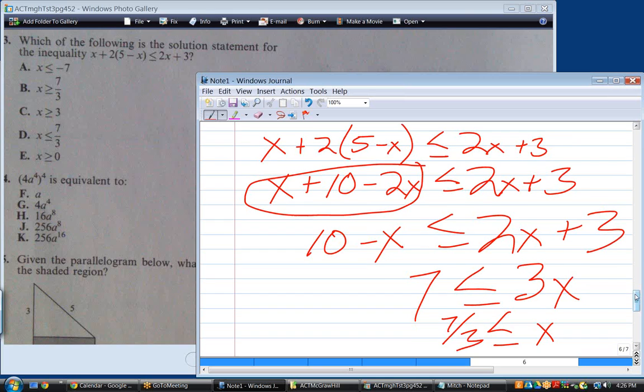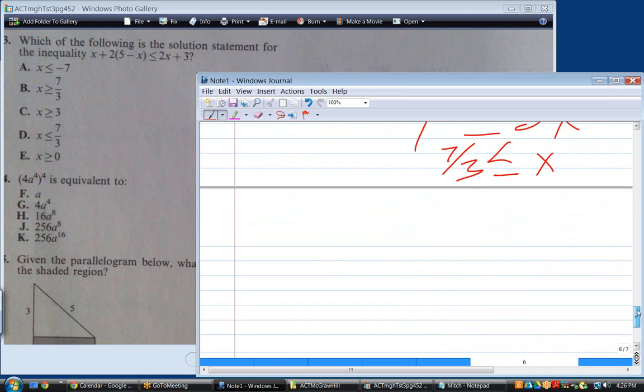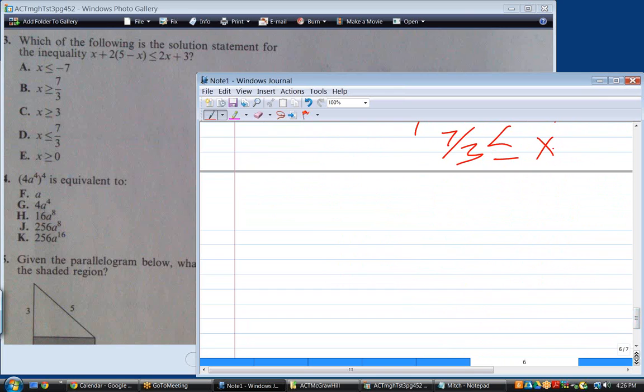So another thing that's worth knowing is if you end up with the x on the right and you want to turn this around, you can switch the left and the right, and when you do that, you just have to switch that. In other words, that means the same thing. I think you can see that. In other words, this means x is greater than 7/3. This means x is greater than or equal to 7/3. So don't let them fool you with where they put the x.